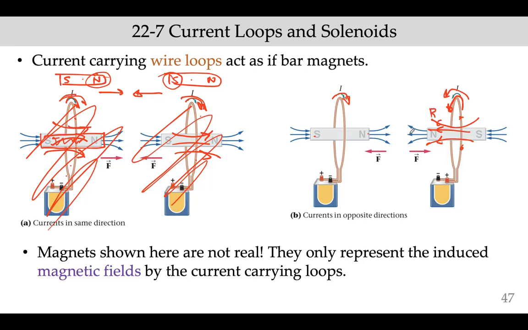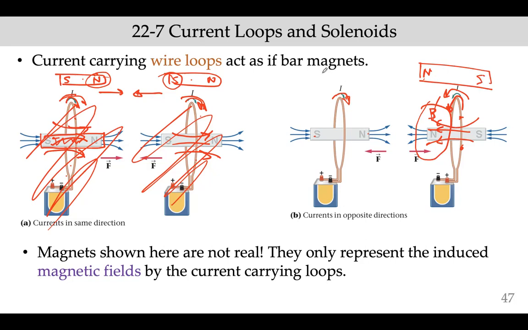So these are the magnetic field lines. If you want to show the overall effect with a bar magnet instead of this circle, then you would put north here because of the direction of the magnetic field lines, and south here.